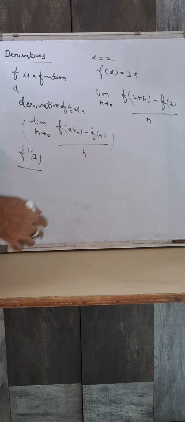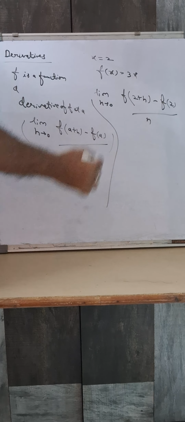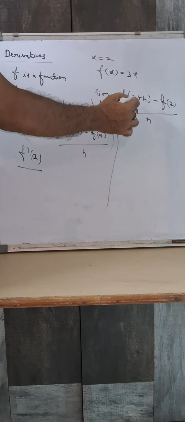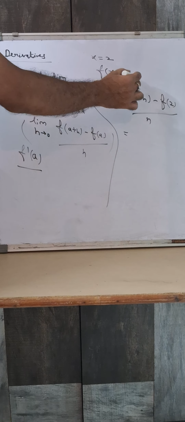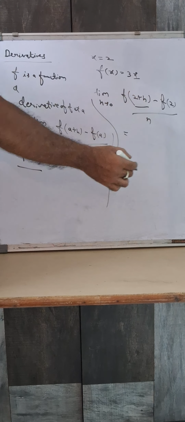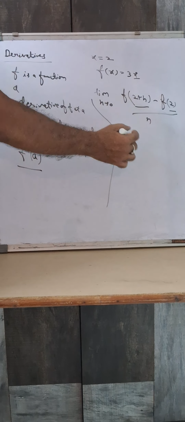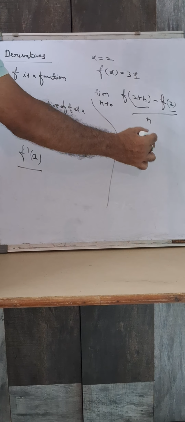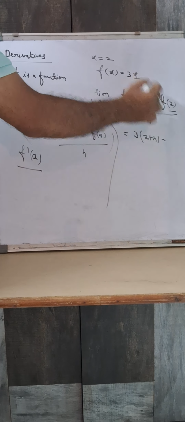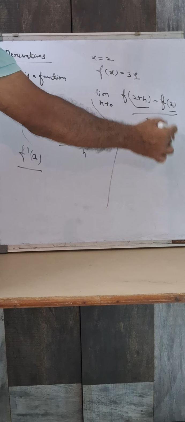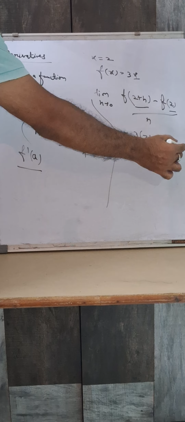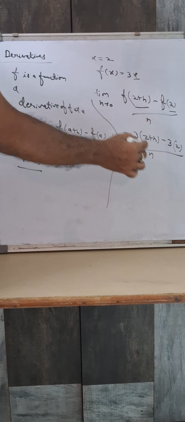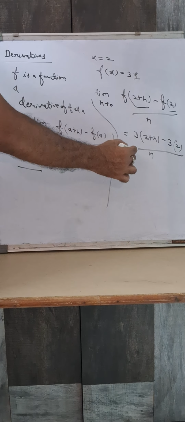On substituting, what will we get? Replace x by 2 plus h, and here replace x by 2. So we get 3 times (2 plus h) minus 3 times 2 upon h, with the limit as h tends to 0.